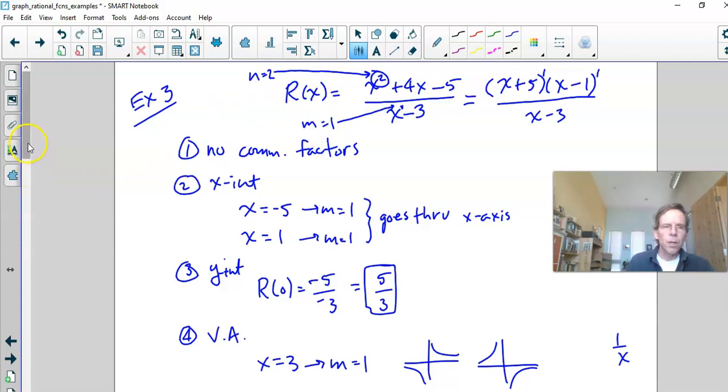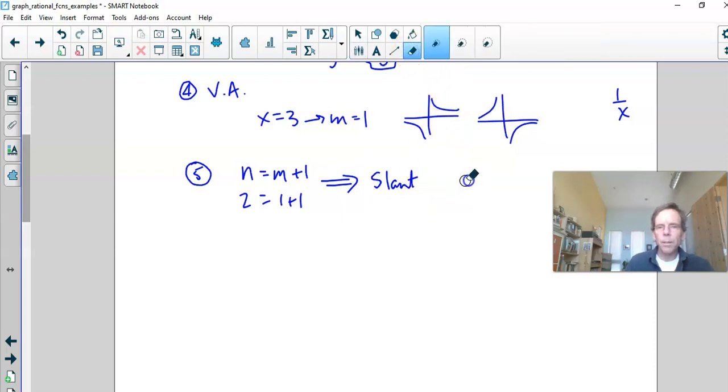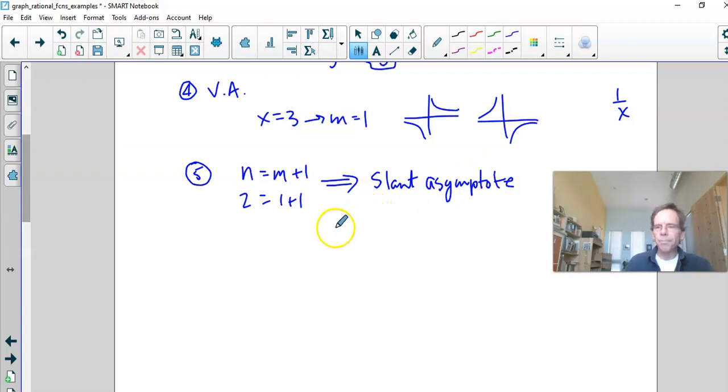And so we say, n equals m plus 1. 2 equals 1 plus 1. That means that we have a slant asymptote. Slant. And spell asymptote right. Good to be able to spell it, right? Asymptote.